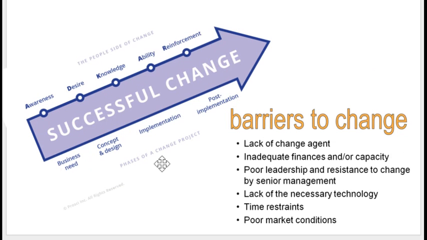Well, how do we do that? I mean, if you don't have a change agent, or you have poor market conditions, or there's just a disengaged workforce, there's ADKAR change management. That is a process or a philosophy.